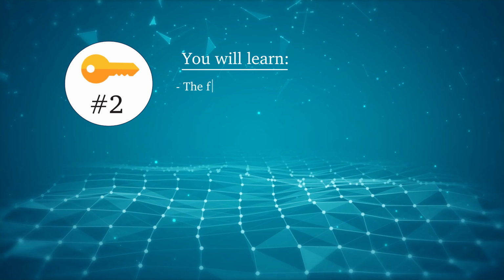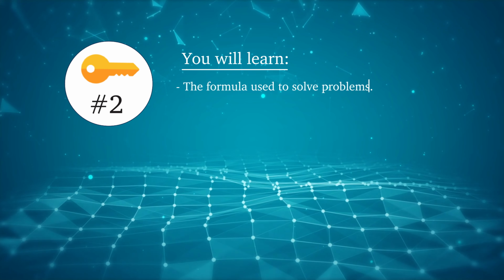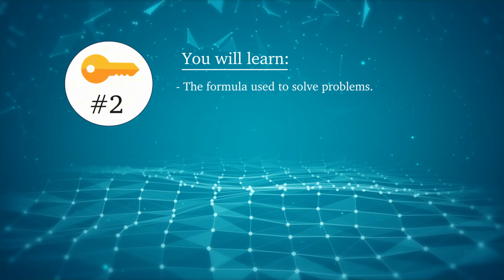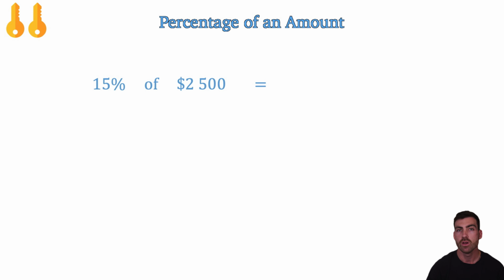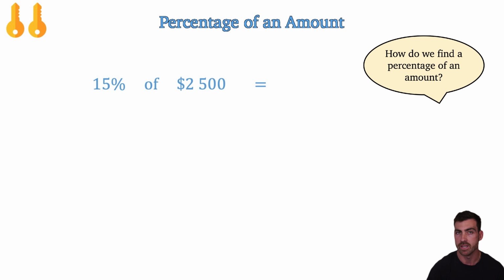In this section, you will learn the formula that is used to solve problems. To discover the formula, we start with something you already know how to find, a percentage of an amount. So if I asked, what is 15% of 2,500? How do we find a percentage of an amount?